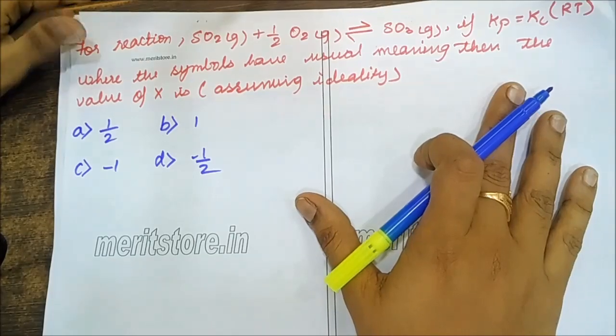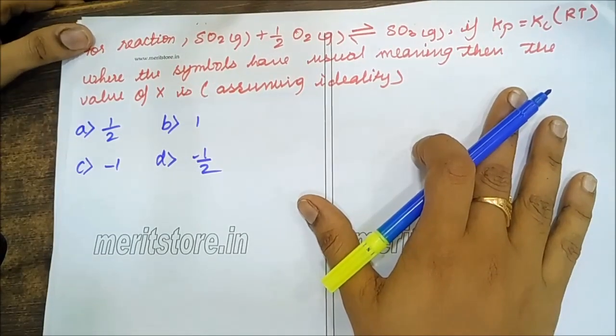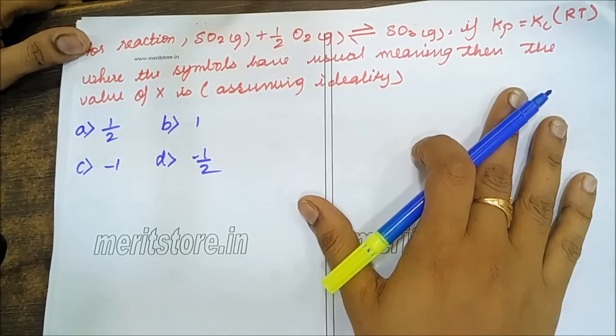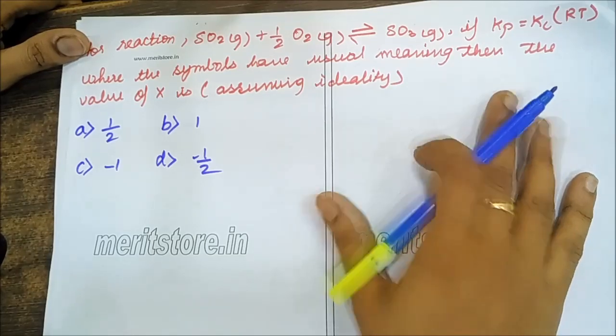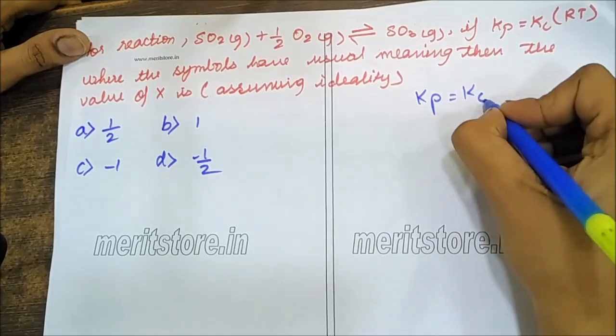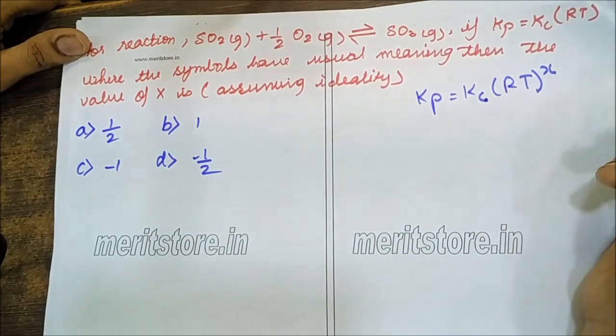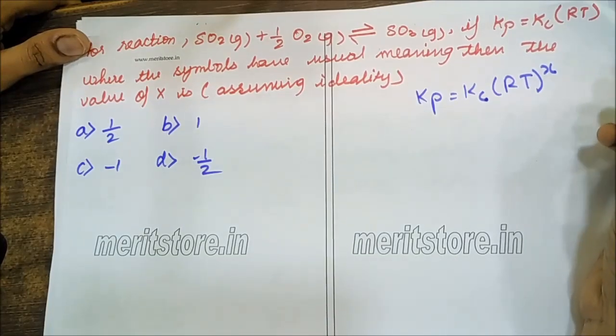For the reaction SO2 plus half of O2 giving me SO3, if Kp is equal to Kc, where the symbols have the usual meaning, then what is the value of X? The expression that is given to me is Kp is equal to Kc into RT raised to X. Now what is X?